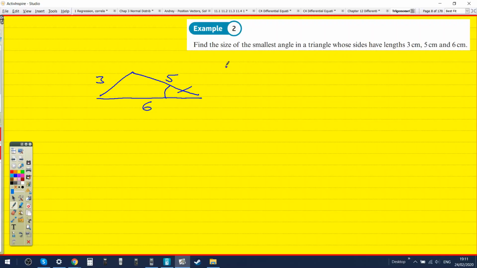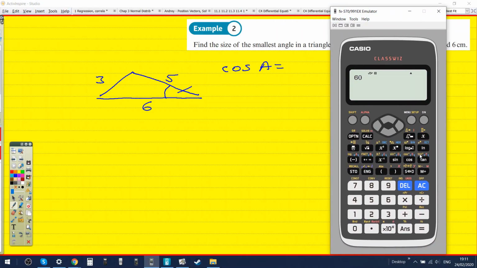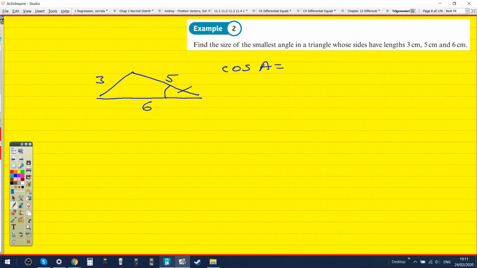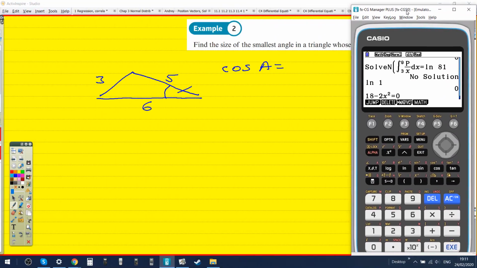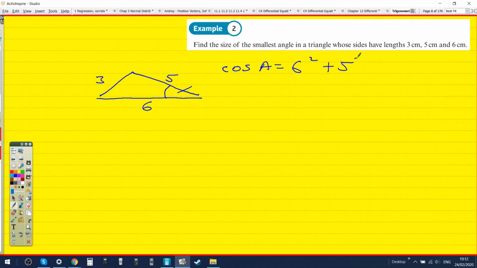Okay, so will it be cos A equals 6 squared plus 5 squared minus 3 squared, over 2 times 6 times 5? And then would you just do A equals cos minus 1 of that? Yeah.